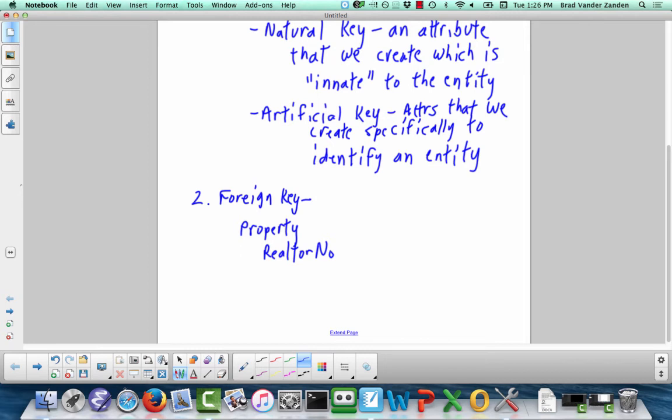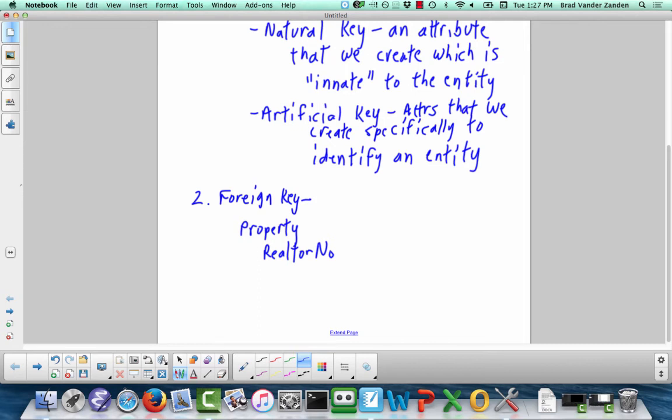Then if we want more information about realtor 386, we can look up realtor 386 in the realtor file and find out that realtor 386 is Brad Vander Zanden, who works out of the branch at 1678 Cardiff Road. So the realtor number is like a pointer into another file. And we call that a foreign key.